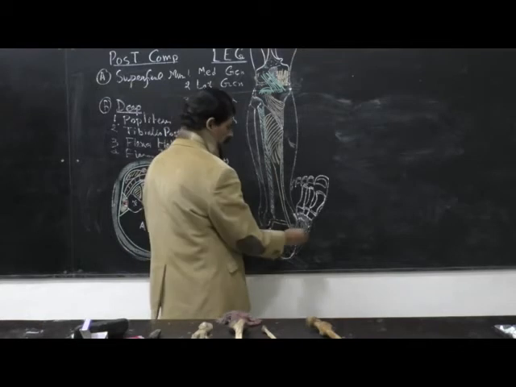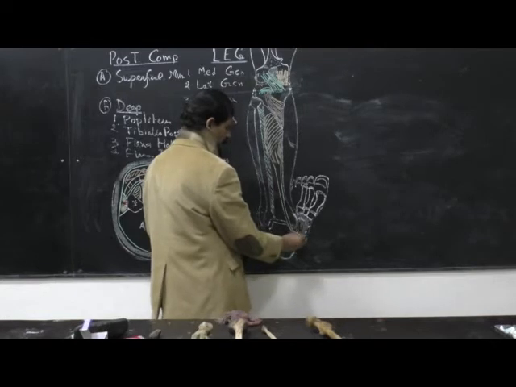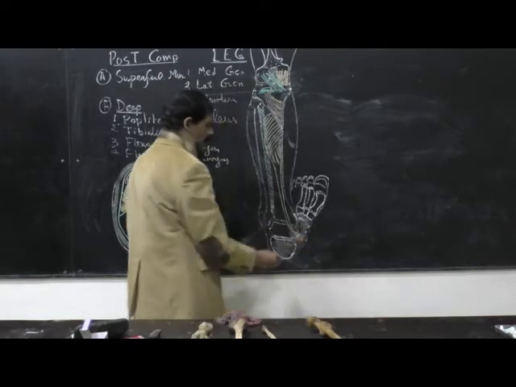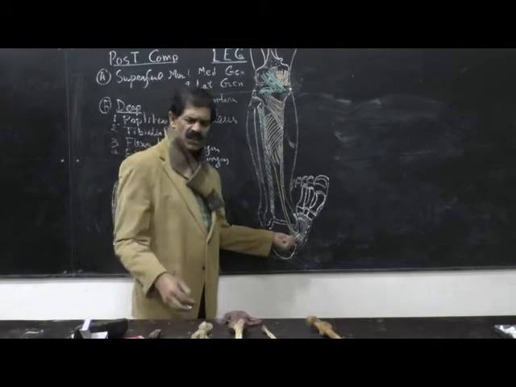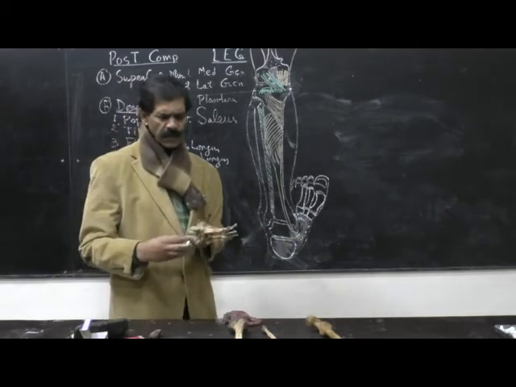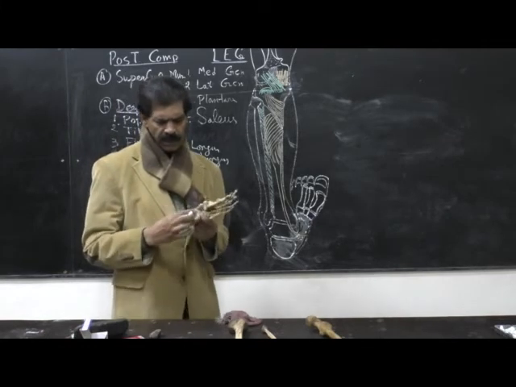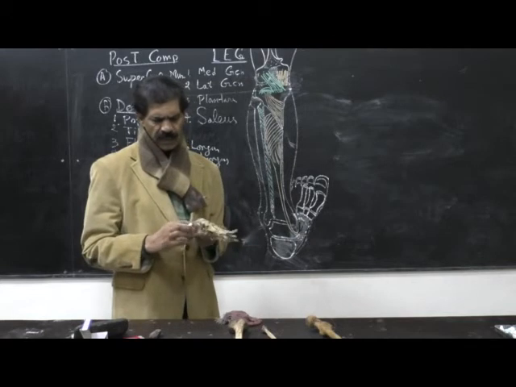Just over the sustentaculum tali. The sustentaculum tali is a shelf-like projection on the medial aspect of the calcaneum. So this is called the sustentaculum tali.